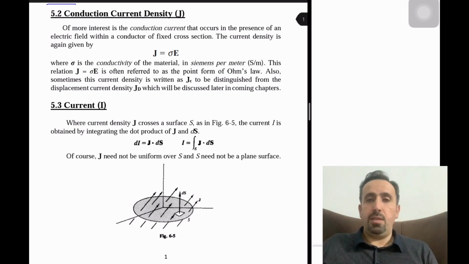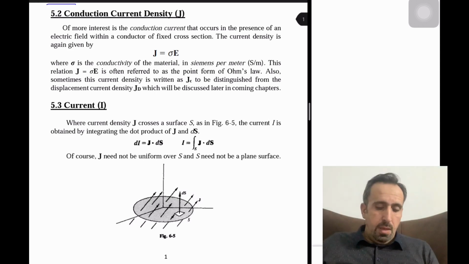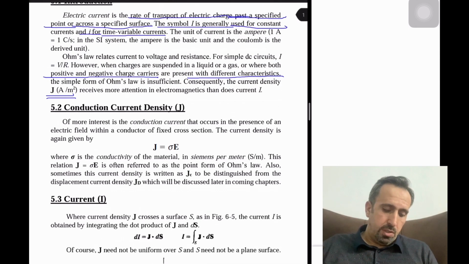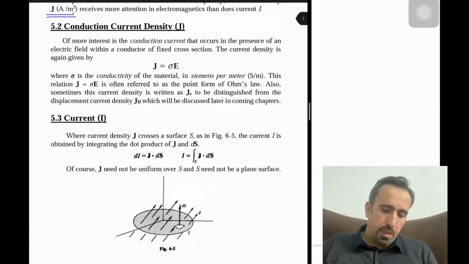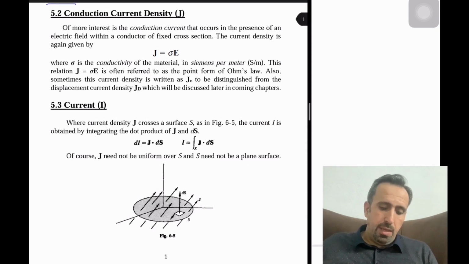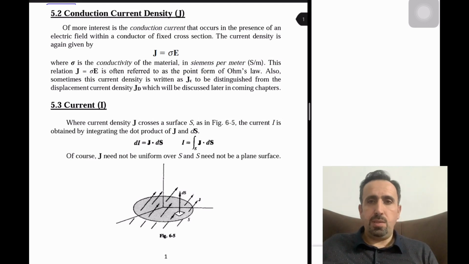Conduction current density, J. So it's time to talk about this current density as we introduced in the introduction of this chapter. Specifically if we talk about its type, why?